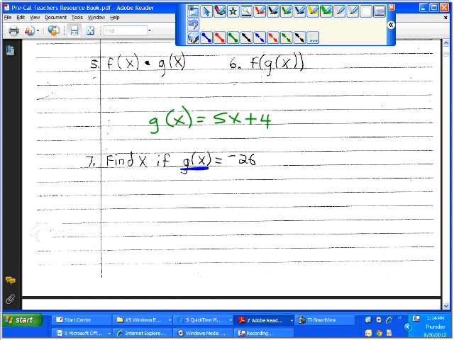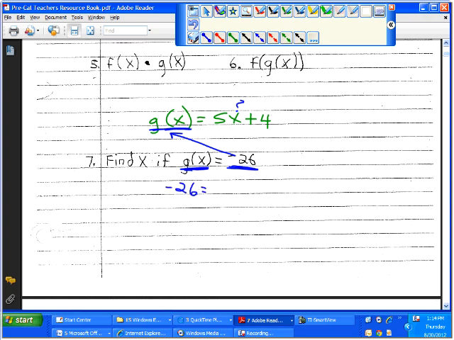It's telling me what the g of x is, right? So where am I going to put the negative 26? Where the g of x is. It didn't tell me what x was. It told me what g of x was. So we replace the g of x with negative 26, and we're going to be looking for that x.